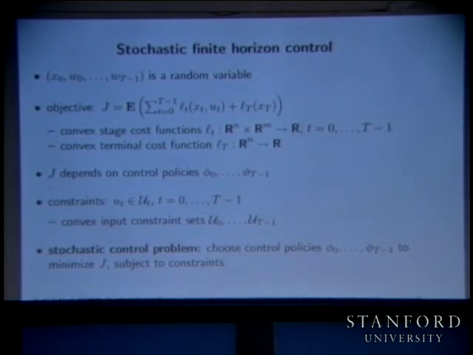Okay, so we'll assume that these are convex. And what's interesting about this is that J, this objective, now actually depends on these control policies. So these are really our variables, if you want to talk about variables in the problem. So this is an infinite dimensional problem. And in some sense, it's even more than merely an infinite dimensional control problem because your variables are actually functions.